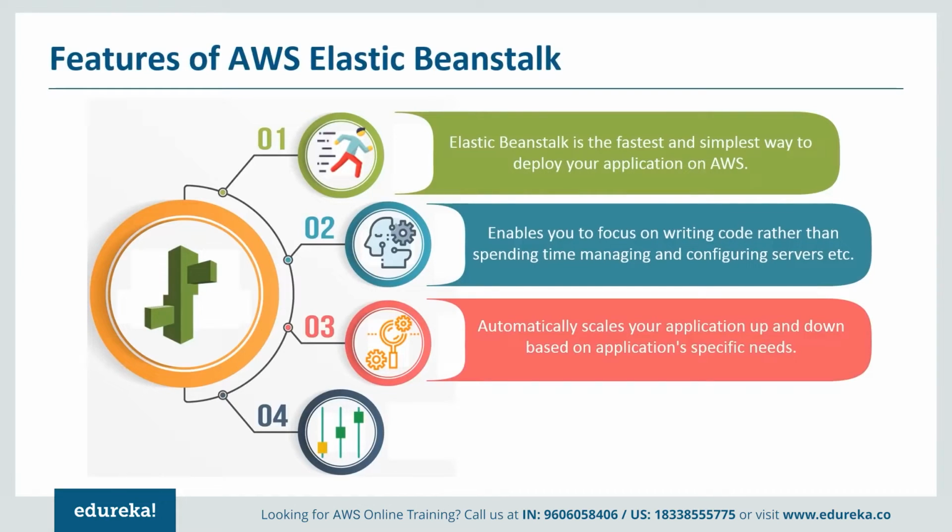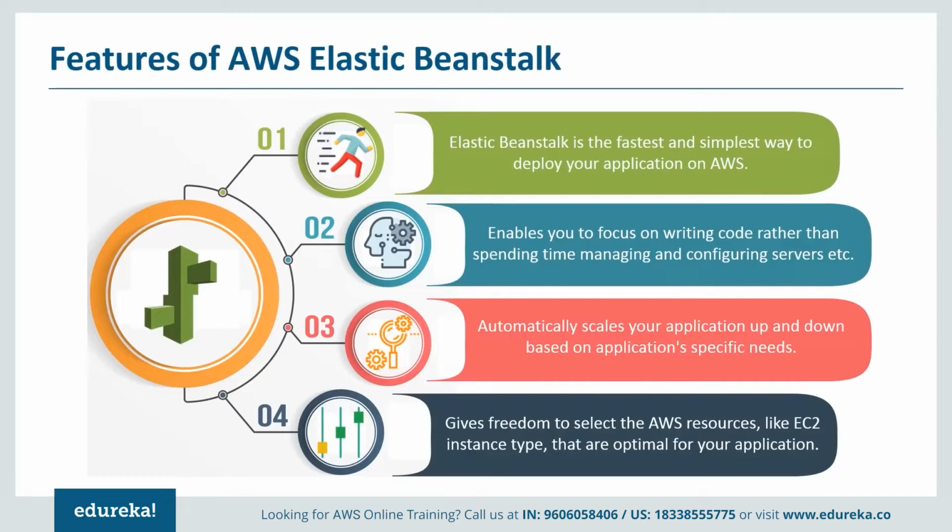But there is one feature which is specific to Elastic Beanstalk. Suppose you have deployed an application using Elastic Beanstalk, but now you want to make changes to the configurations which have already been assigned to your application. Though Beanstalk is a Platform as a Service, it provides you with an option where you can change the pre-assigned configurations like you do in Infrastructure as a Service.